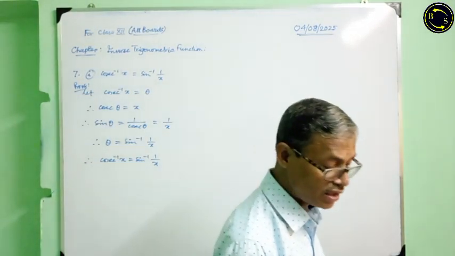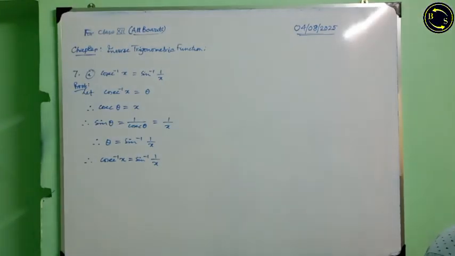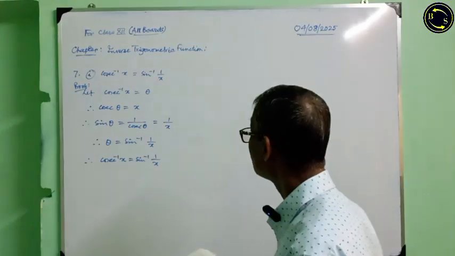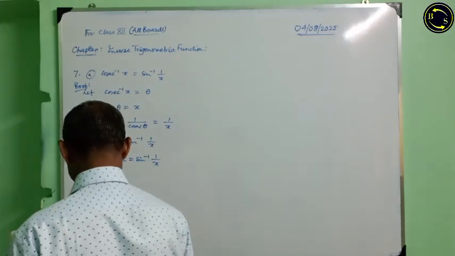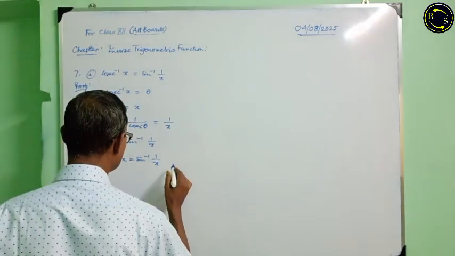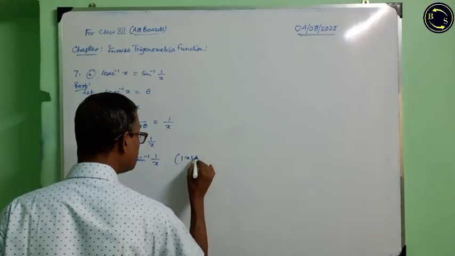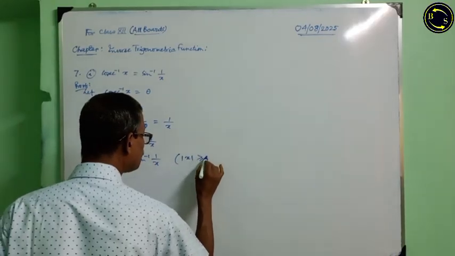And since x is at the denominator, therefore that cannot be 0. Actually, the restriction here is mod x greater than equal to 1.